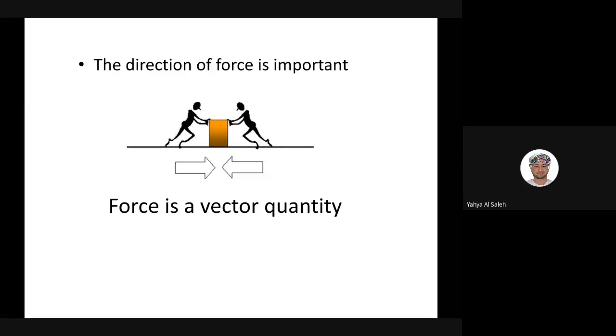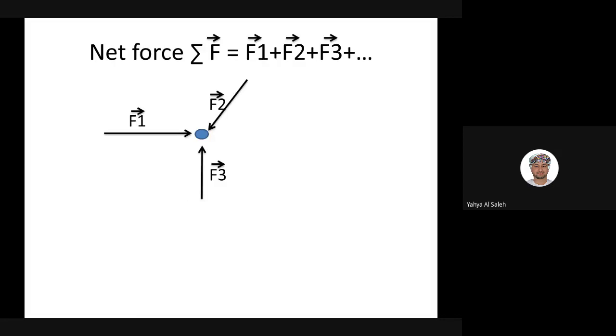Depending on how much each person is pushing, it may or may not move in one of the directions. Now, if they're both pushing with the exact same amount, then it will not move. If they are pushing with different amounts, though, it will move in one direction or the other.